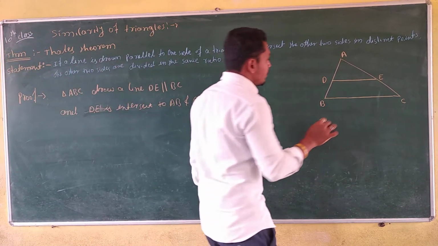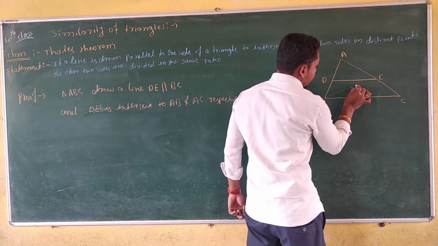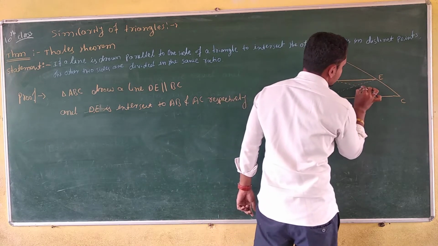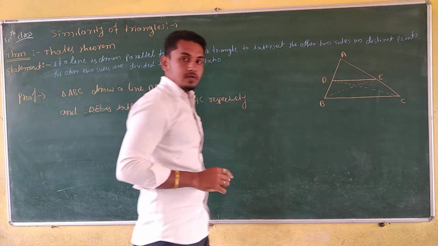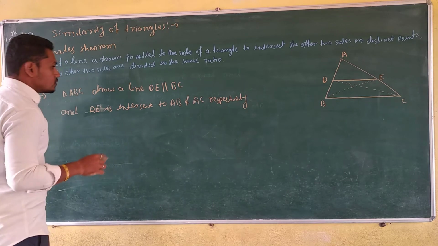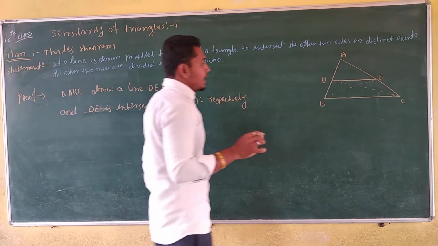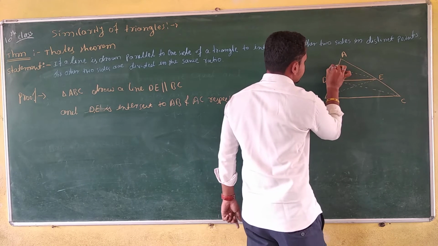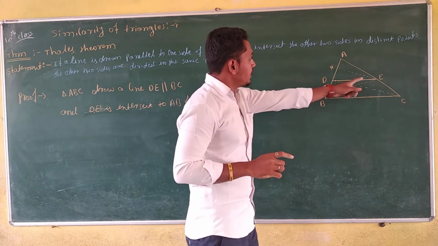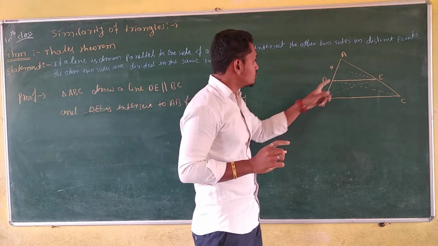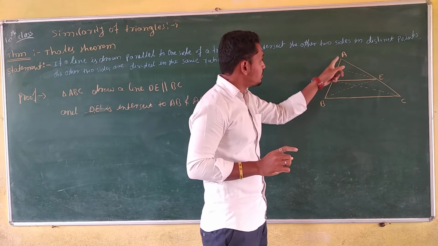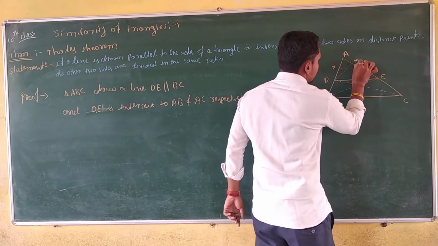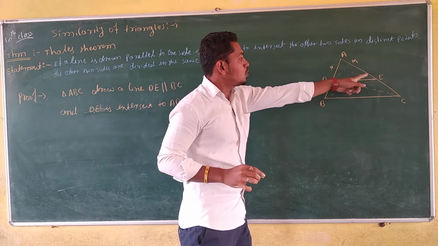Now we have to draw BE and CD. Next, we have to draw EN parallel to AD and DM parallel to AE.